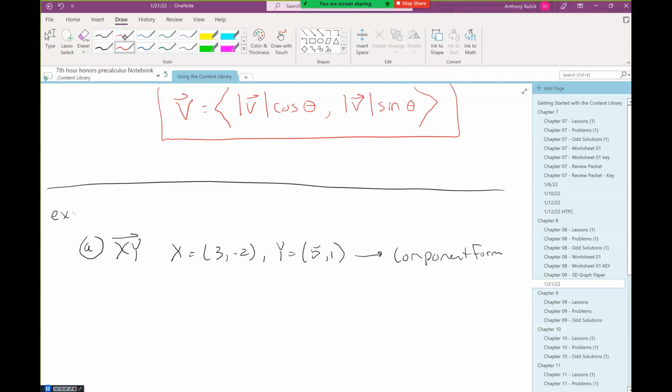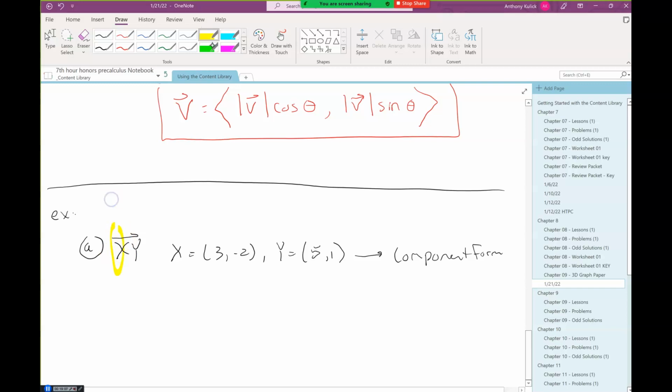Since we're going from a geometric form, 2 points, to component form, we're going to be using that head minus tail rule. Which vector or which point is my head and which is my tail? Luke? Y is your head. Yep, and x is your tail. How can you tell that?